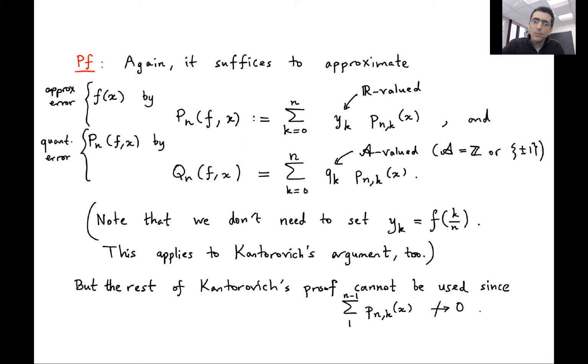But one thing that does not extend from Kantorovich's proof is that we cannot, as I said, do simple rounding going from the y_k to the q_k, because simple rounding requires that we bound the sum of the Bernstein polynomials, but that's not going to go to 0.